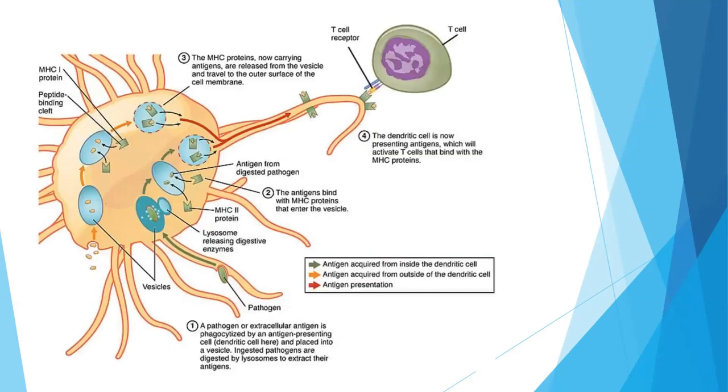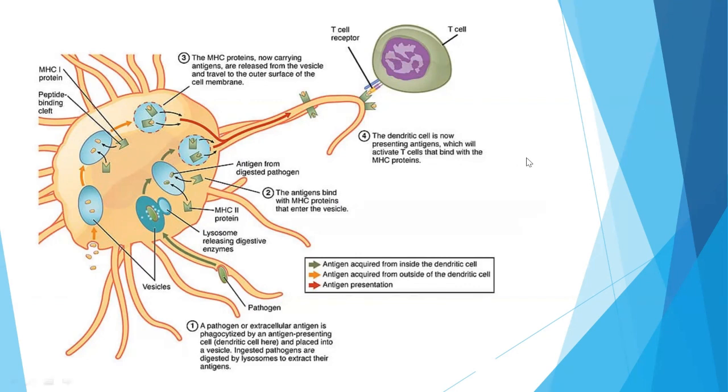So here we can see that the pathogen or extracellular antigen is phagocytosed by an antigen presenting cell and placed into a vesicle. The ingested pathogens are digested by lysosomes to extract their antigens. And then the antigens bind with MHC proteins that enter the vesicle. And then the MHC proteins now carrying antigens are released from the vesicle and travel to the outer surface of the cell membrane.